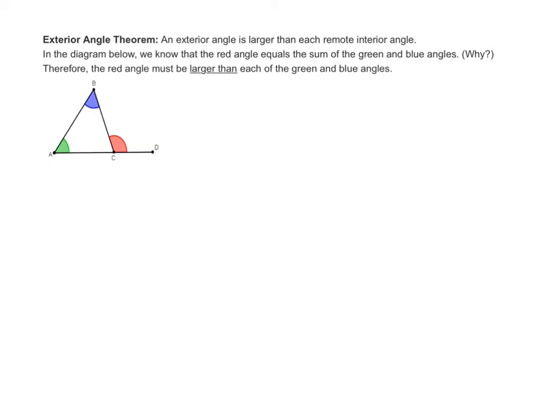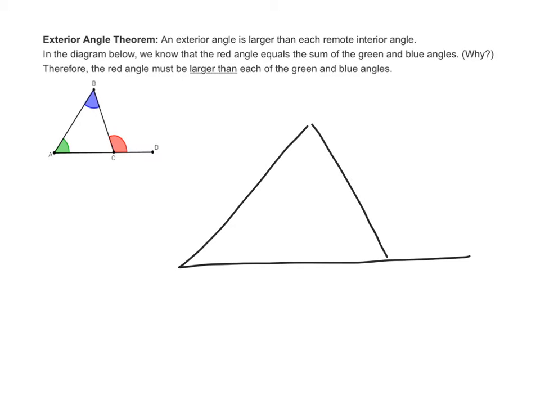Let's see this play out with a numerical example. What I'm going to do is draw a large triangle on the screen, and I'm going to extend the third side. And I'm going to assign some arbitrary angle measurements. I'm going to call this angle 50, this angle 60, and this angle 70. And what that means is that the exterior angle must be 110 degrees because these two angles are supplementary.